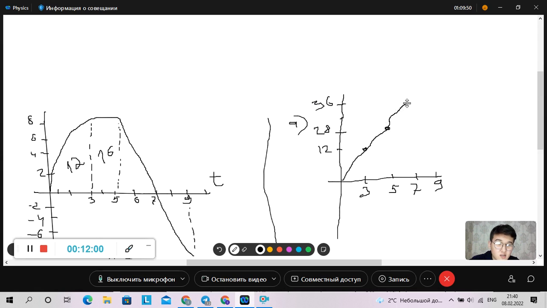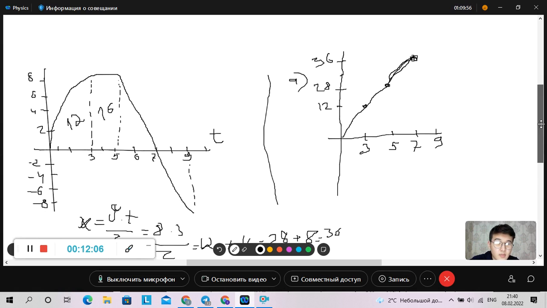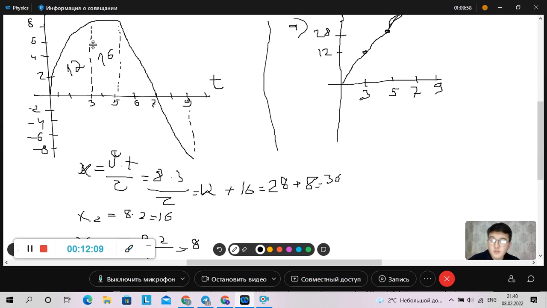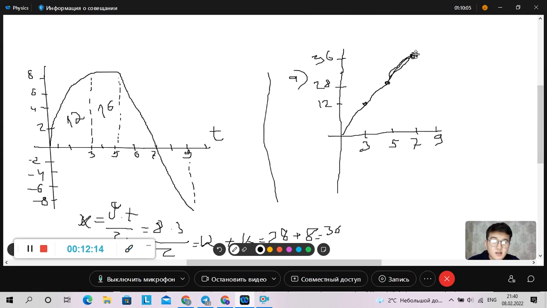The third position is equal to 36, and the velocity is decreased, and the position also decreased, and the third and the fourth parts are the same.